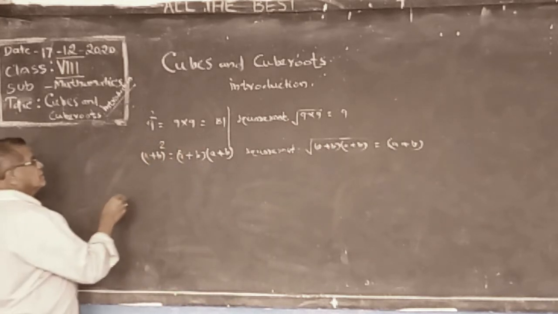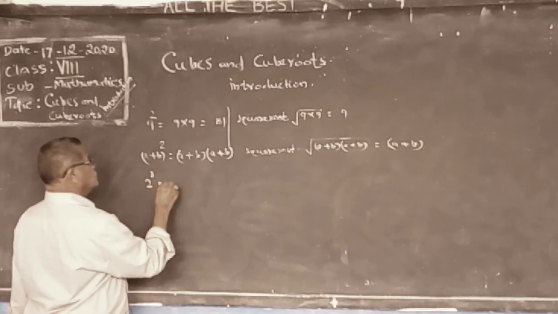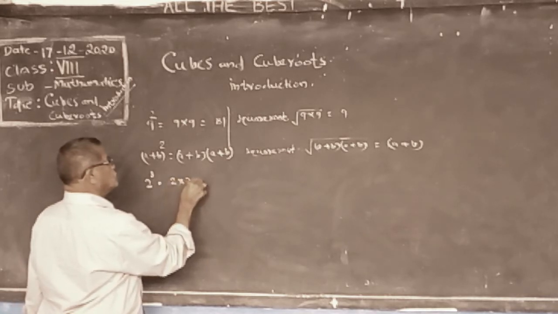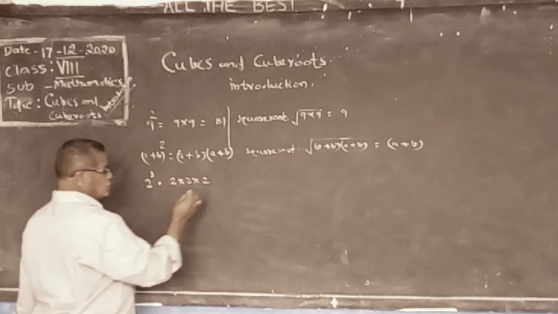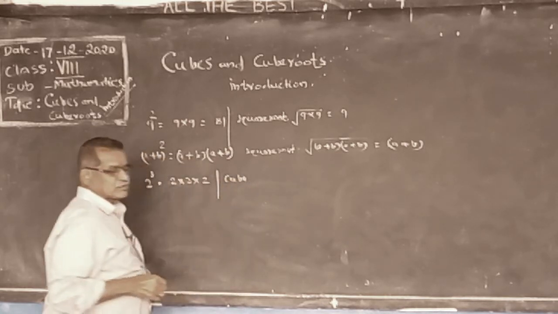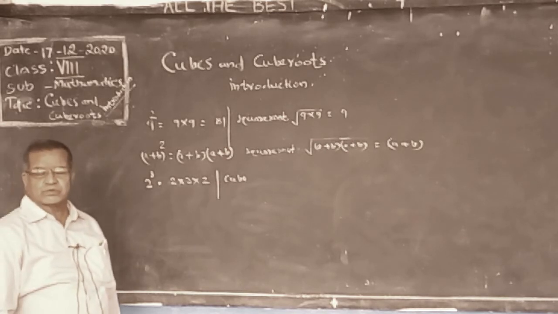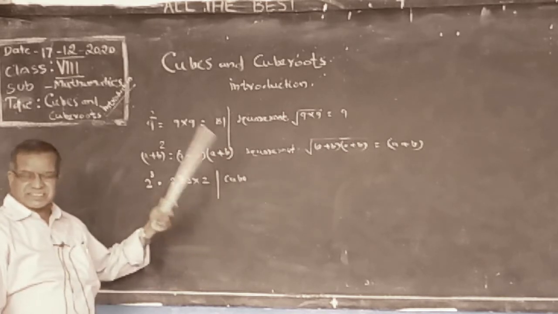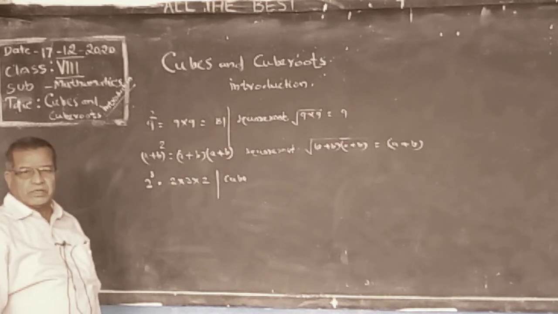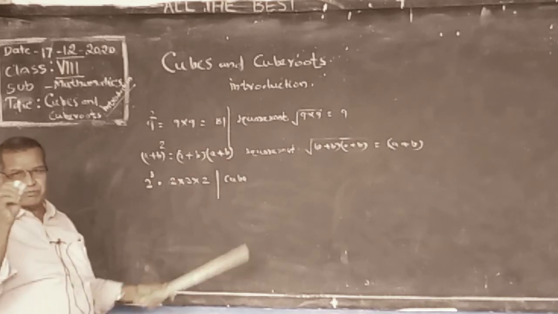Similarly, 2 cube means 8, that is 2 into 2 into 2. Cube root, square root, power 4, 4th root, 5th root, 6th root, like that, 10th root also. For the nth root, we write n factors and take one number.